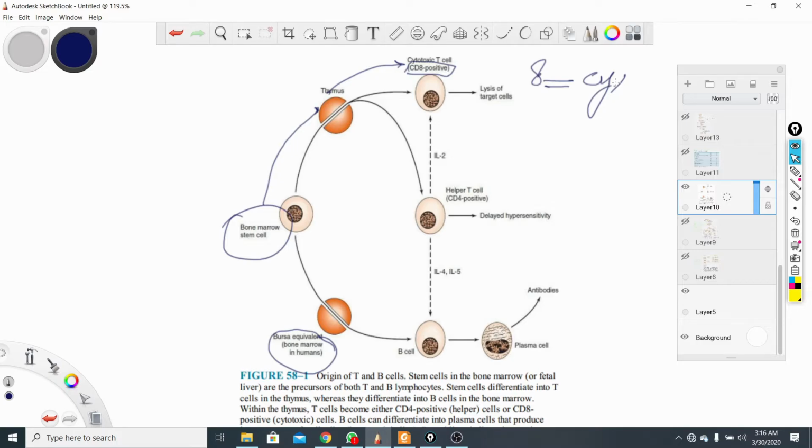After the thymus, you can also see the helper T cells, known as CD4 positive. By the presence of helper T cells, the cytokines, or interleukins, are produced, and these interleukins are very important for the maturation of the cytotoxic T cells and the B cells.